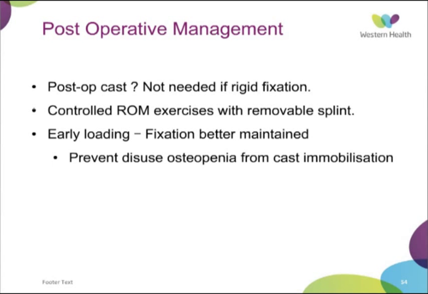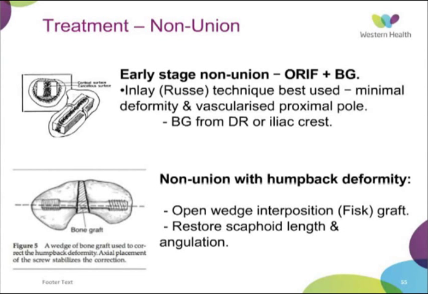Now, treatment of non-union. I'm only going to briefly mention some of the methods here. At the early stage of non-union, you can use ORIF with a bone graft. The inlay or the Russe technique has been described, where they use cortical and cancellous bone and insert that into the fracture site.